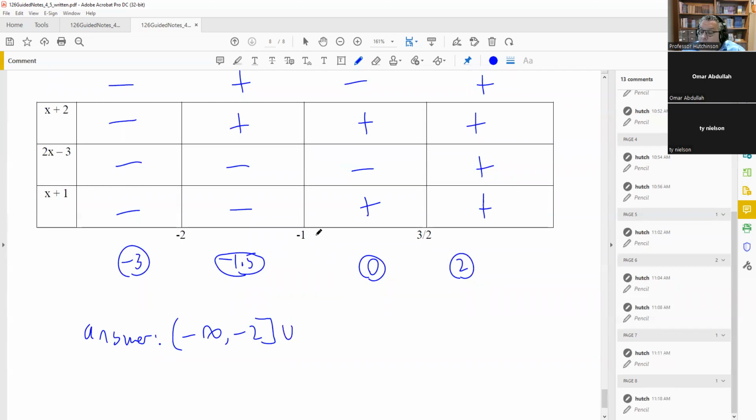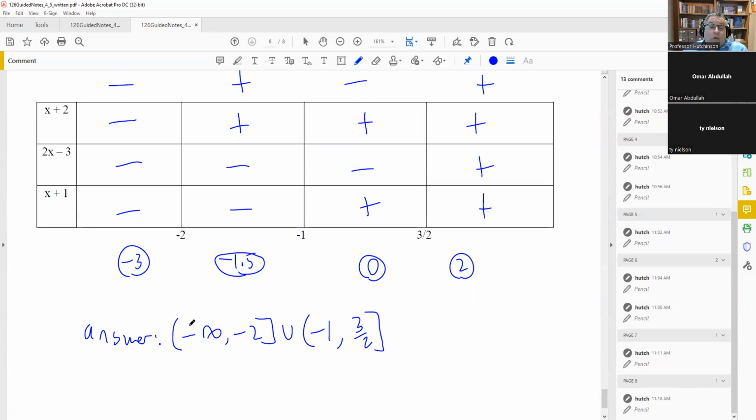And then the next one I have, -1 to 3/2, is another place where there's a minus sign. Now 3/2 is okay to have a bracket, but I must put a parenthesis on the -1 because that one causes division by 0. So this would be my answer. All the other numbers, the -2 and the 3/2, brackets are okay, but the parenthesis has to be on -1 because it's division by 0.